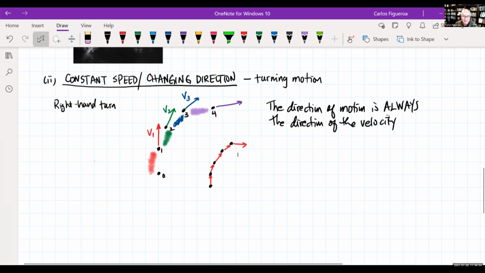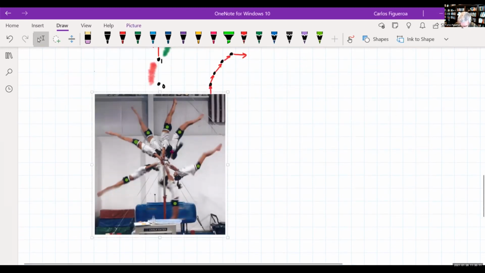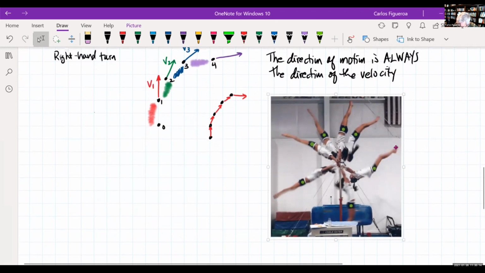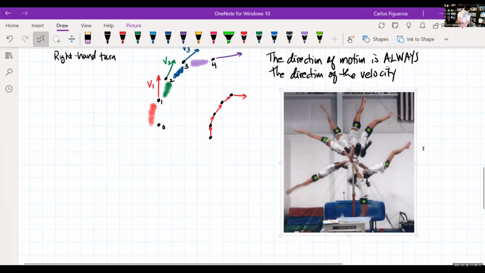Now, just to give you a sense of what is going on here, I have another image, which I think is a good image. If I bring this up, you could see that we have a woman and it looks like she's on parallel bars. What you would expect, just by looking at this image, is that as she goes towards the top, she would be slowing down, and then as she swings down towards the bottom, she would be going faster.